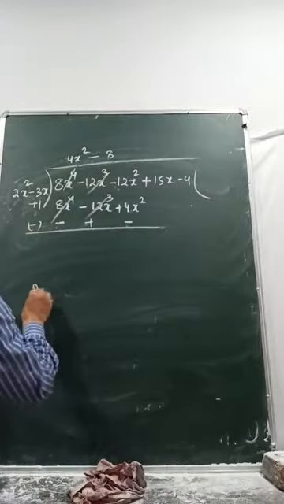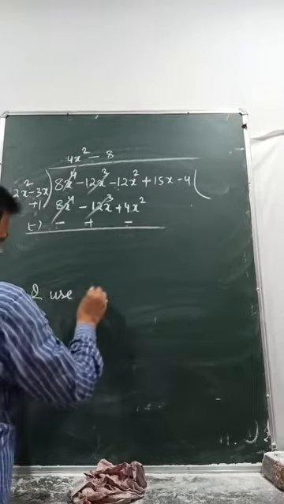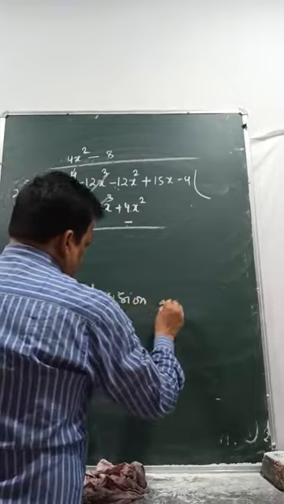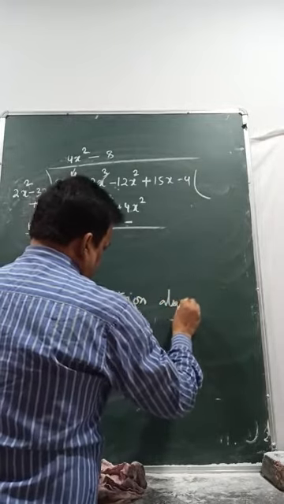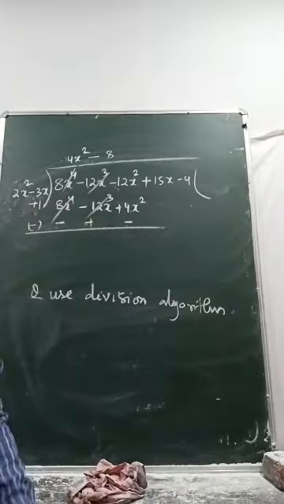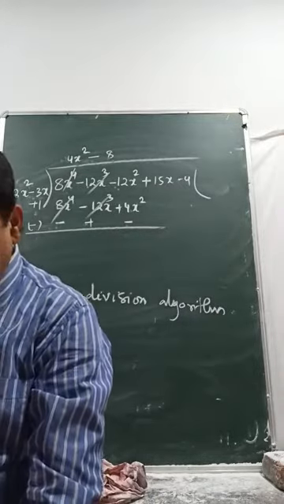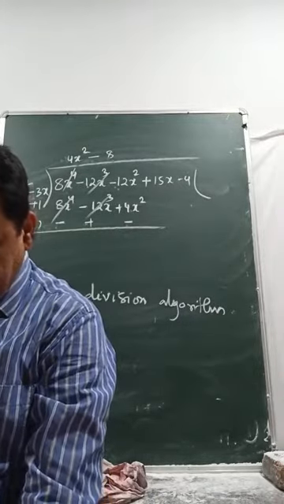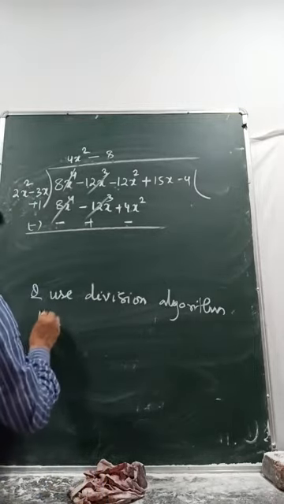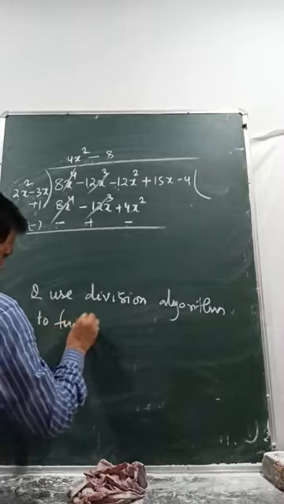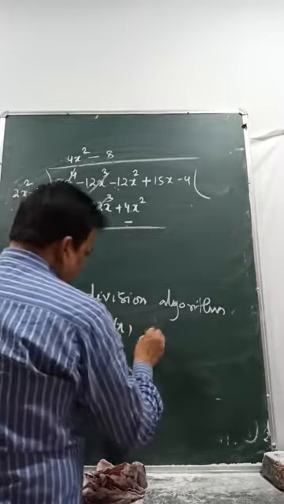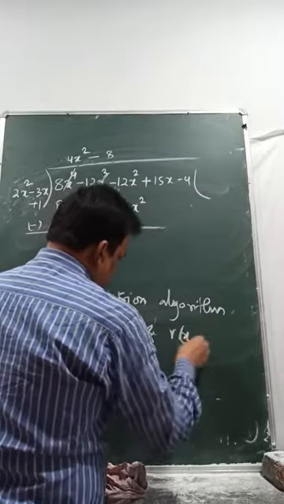Question: use division algorithm to find Q(x) and remainder R(x). To find, you have to understand Q(x) means quotient and R(x) means remainder. You have to keep that in mind.